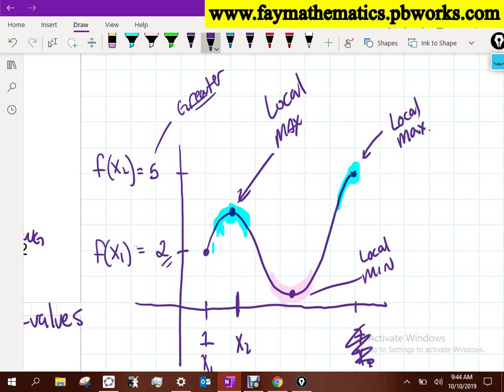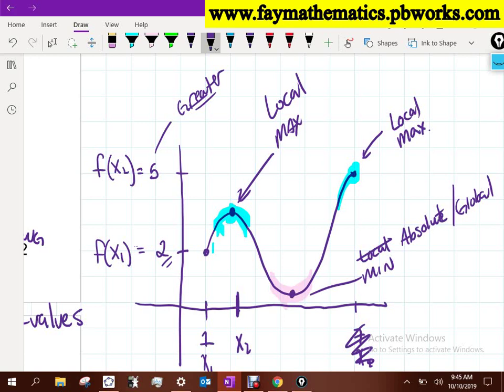Okay, so we can better classify it. Instead of calling it local, we're going to use the word absolute, or you might see the word global. Those two words mean the entire thing, right? So that is the minimum of the entire graph.